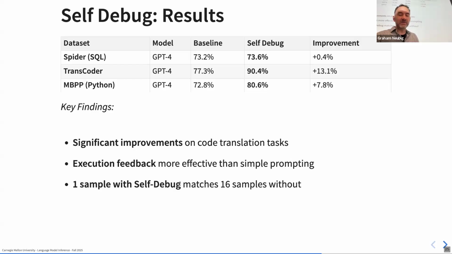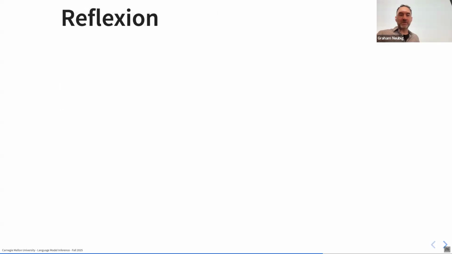In contrast to that, with self-debugging, they only needed one sample from the model. So this demonstrates that if you pull in external signals or have other methods of spending inference time compute, that can compete with the more brute force approach of expanding lots of hypotheses. Which may be a very nice comparison for you to do in your homework, for instance.